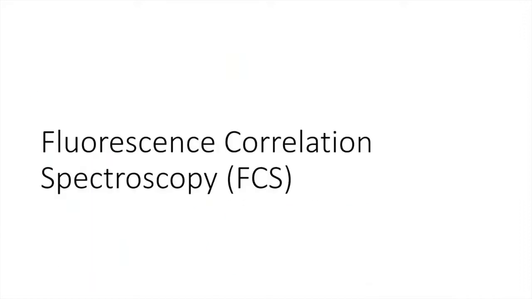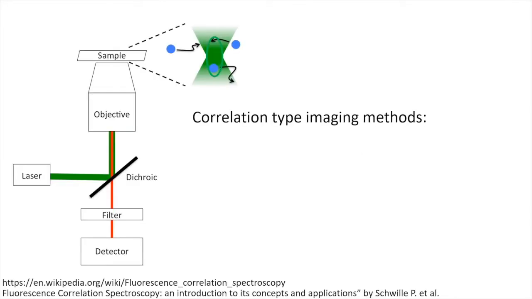The second part I want to talk about is fluorescence correlation spectroscopy, or FCS. In FCS, you have your focal point in your sample, and you study the fluctuation at your focal point.